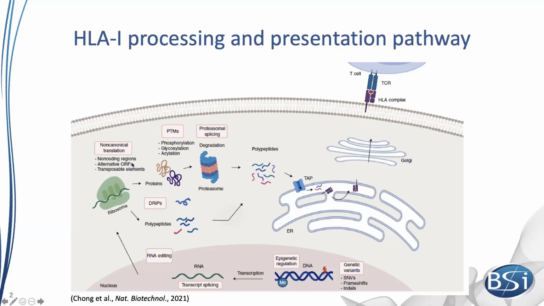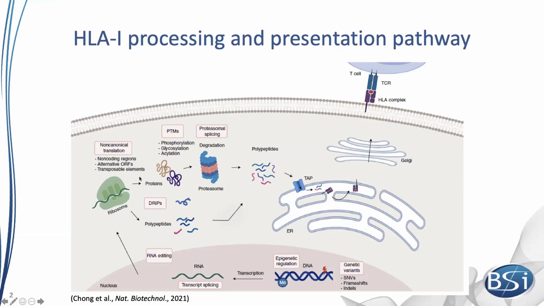So we've seen peptides that have been derived from translation that starts or initiates from codons other than AUG, for example, even codon read-through, and also from expression or translation of transposable elements, and also defective ribosomal products.